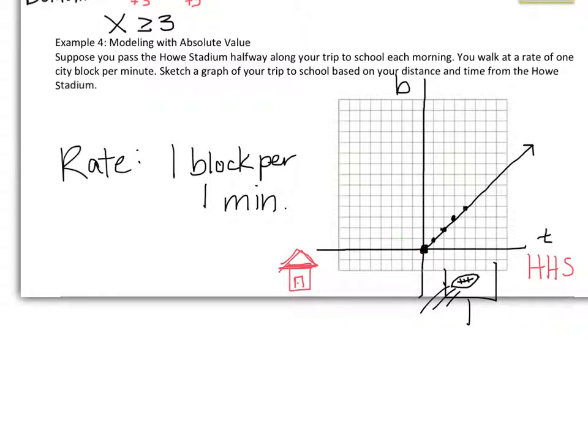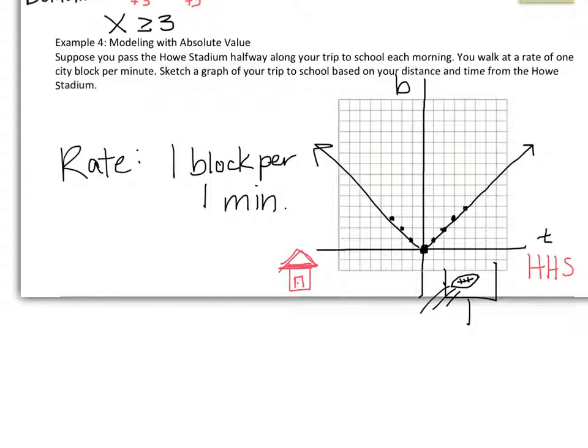Okay. Sorry, just seeing if you're live. So 2 minutes before you were at the stadium, how far away were you? 2 blocks, 3 minutes, 3 blocks, and so on. So there is your graph. Okay, and it's an absolute value because distance is always positive.